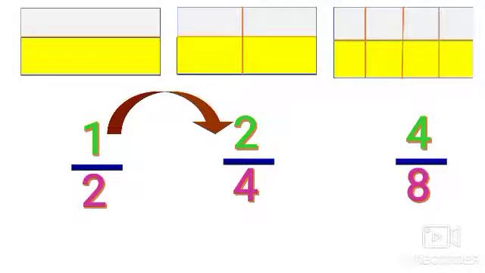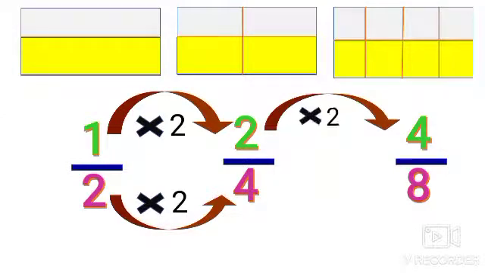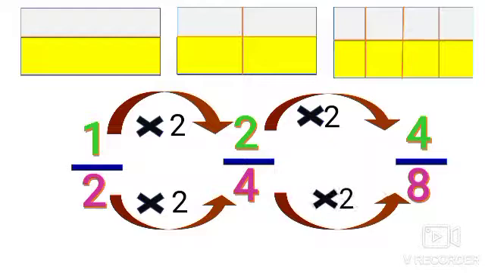If 1 is multiplied by 2, we get 2. And if 2 is again multiplied by 2, we get 4. Similarly, 2 multiplied by 2 gives 4, and 4 multiplied by 2 gives 8. That means these three fractions are equivalent. Okay?